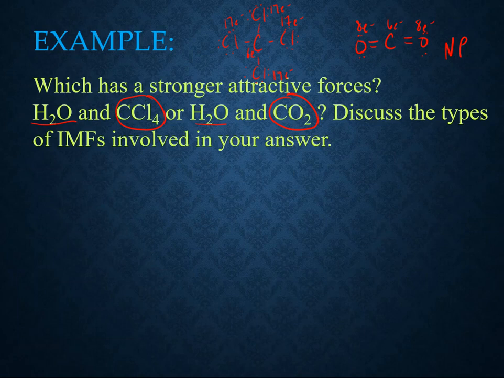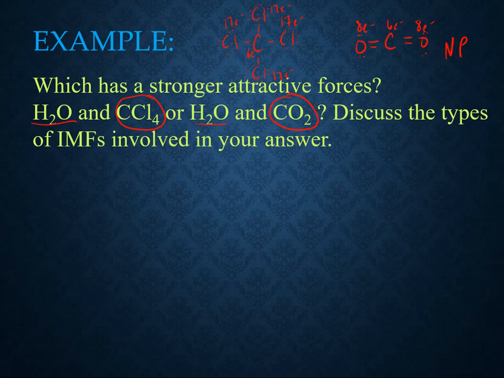So yes, the shape is definitely a factor to look at too, but here there's a huge discrepancy in the number of electrons. The carbon tetrachloride's cloud is going to be a lot more polarizable because it has a lot more electrons in it. Since there's such a huge difference in the number of electrons, I would focus more on the size in this particular case.